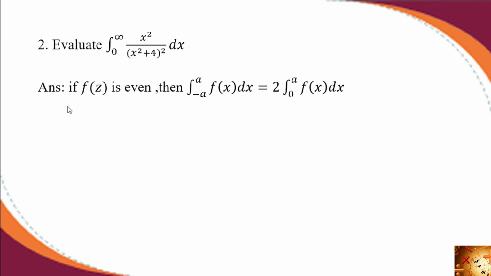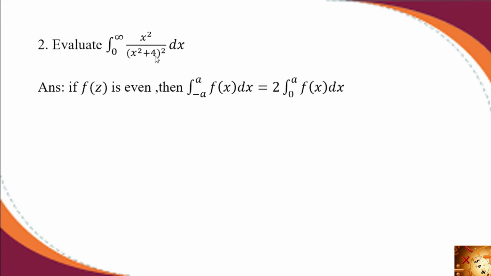For that, we have a result. If the function is an even function, then integral minus a to a f of x dx is written as 2 times integral 0 to a f of x dx. So integral 0 to a f of x dx will be 1 by 2 into integral minus a to a f of x dx.